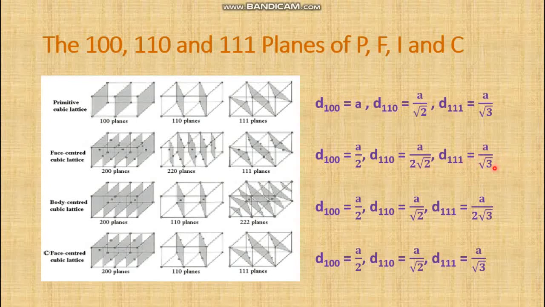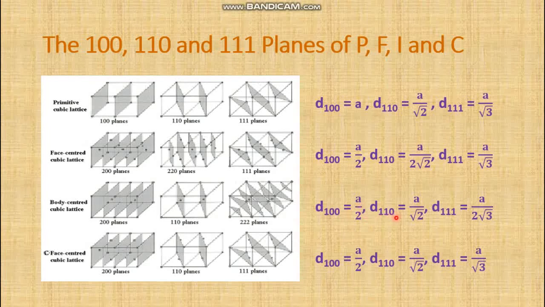Similarly, for the body-centered space lattice, the 100 plane is actually the 200 plane and the 111 plane is actually the 222 plane, while the 110 plane can cover all the lattice points, so the 110 plane remains unchanged. And similarly, for the distance between the lattice planes, d100 is actually d200, with interplanar distance a by 2.